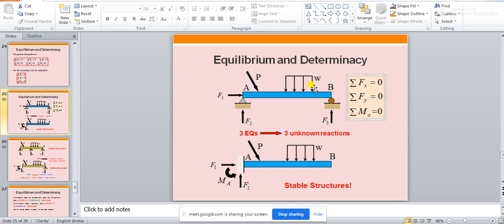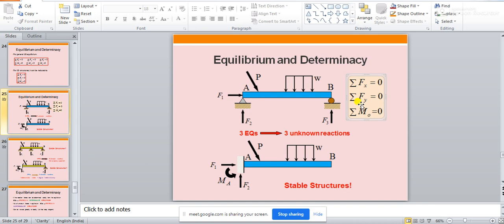So you have 3 unknowns and 3 conditions of equilibrium through which you should be able to solve the problem. In such a problem there is no need for equations other than the equations of equilibrium, and thus we can call these kinds of structures determinate structures.